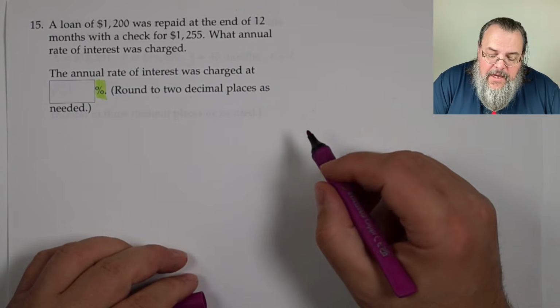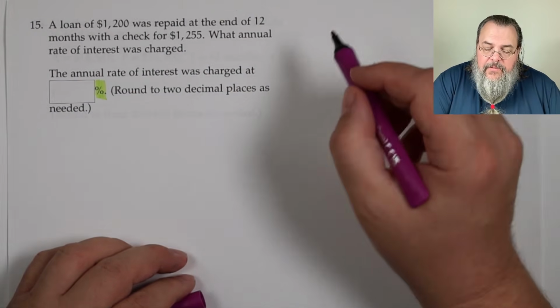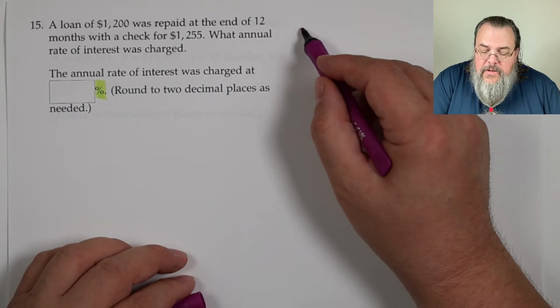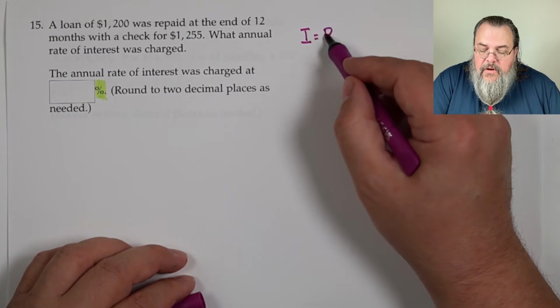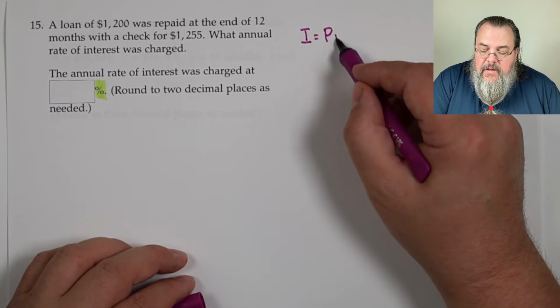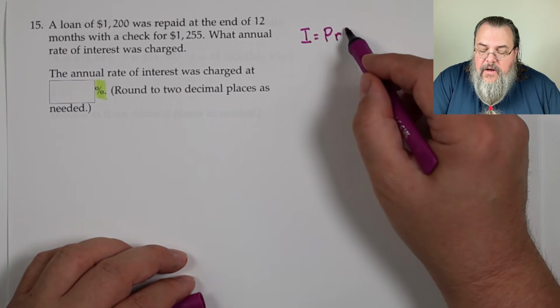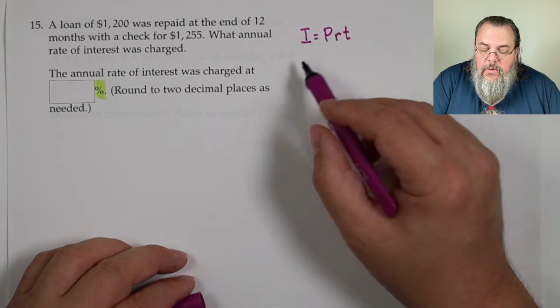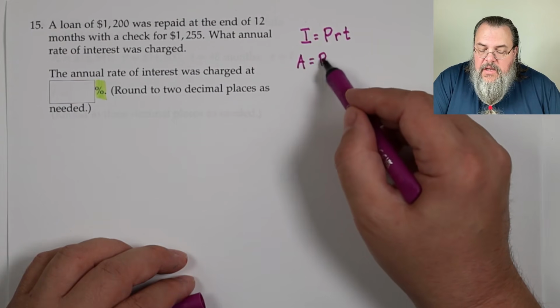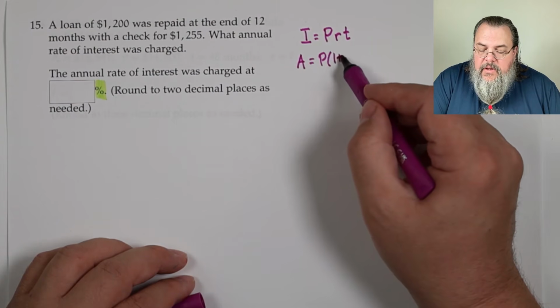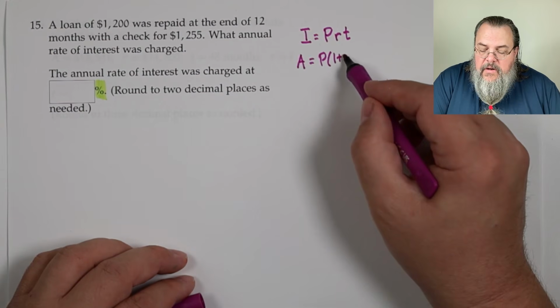Now, for that, there's 2 basic formulas. One, you can say the interest is your principal, or present value, what you took, times R times T, or you can say the amount is equal to P times (1 plus RT).